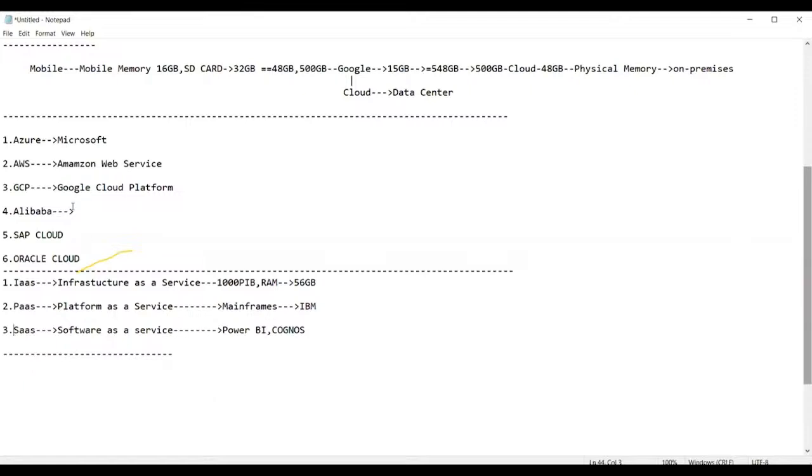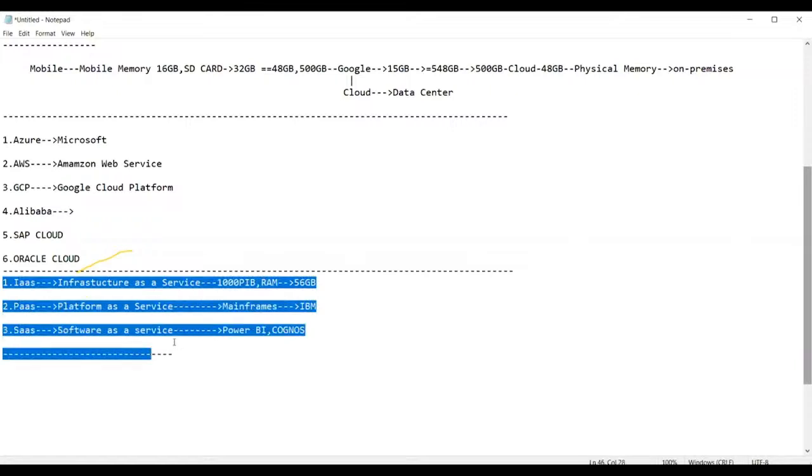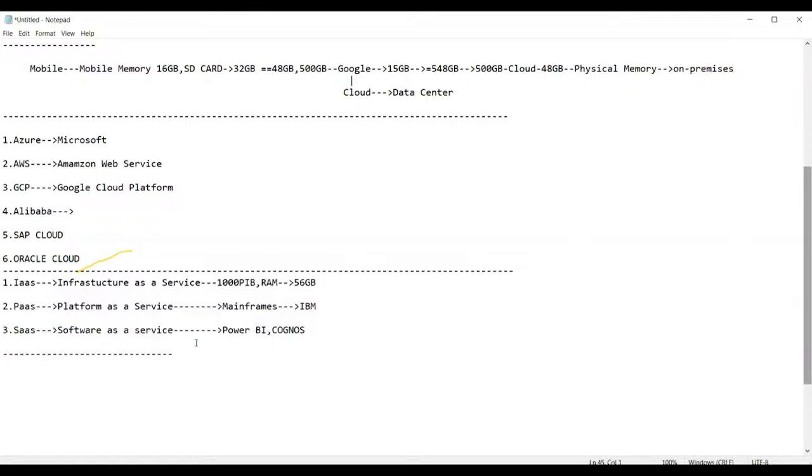The cloud providers have divided their service based on these three categories, and based on these three categories only they are going to bill you. It is as simple as, guys, you have the OTT platforms, Amazon Prime, Netflix, etc. You will enter your mobile number and a password.